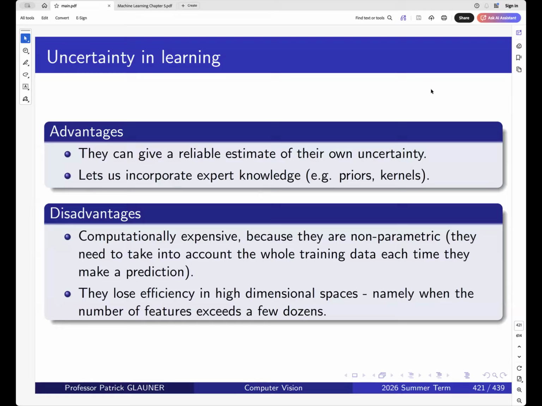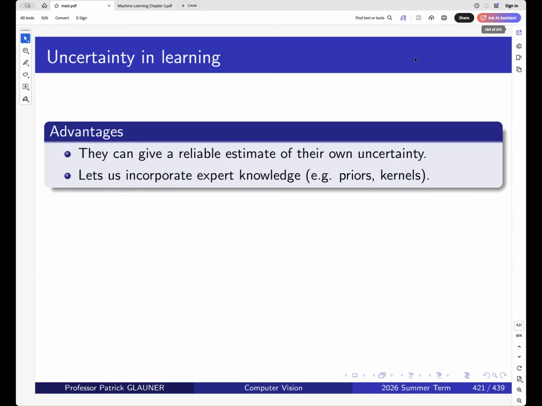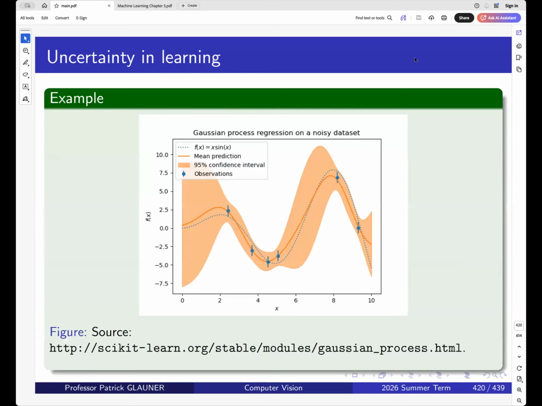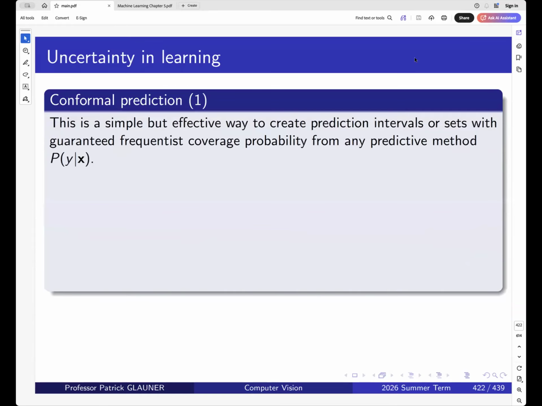Typically, Gaussian processes only work for a few dozen dimensions, but in a lot of real world data, we have way more than just a few dozen entries in the vector. So then this doesn't work very well. But for some problems, Gaussian processes can be helpful. For others, not. Maybe it's one of many tools in your toolkit that you use in the future.